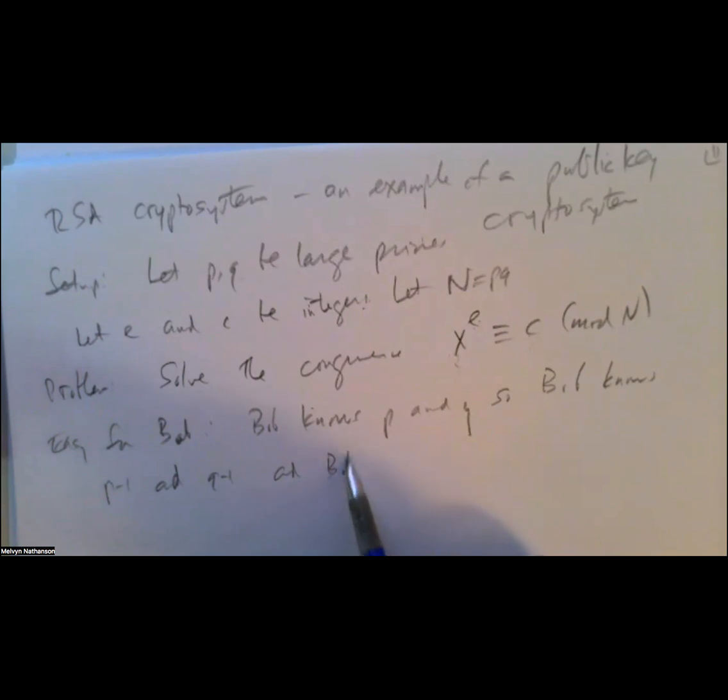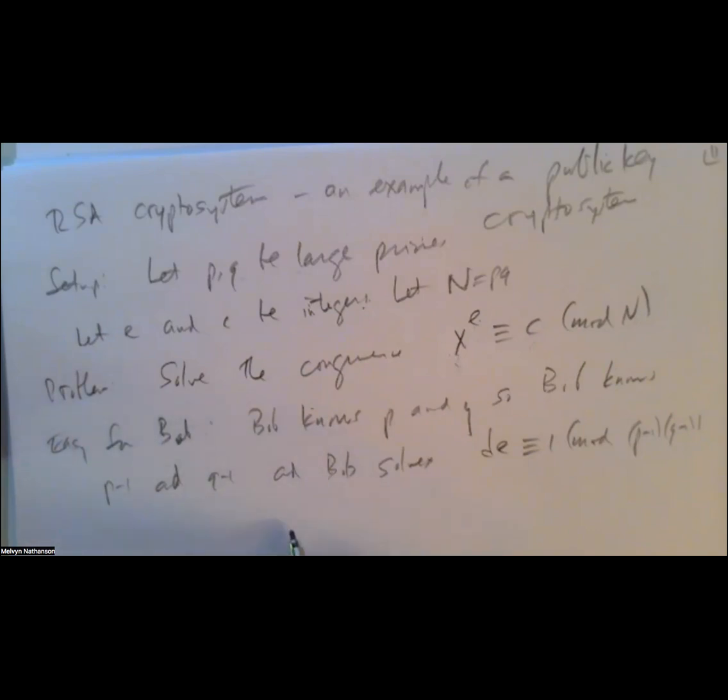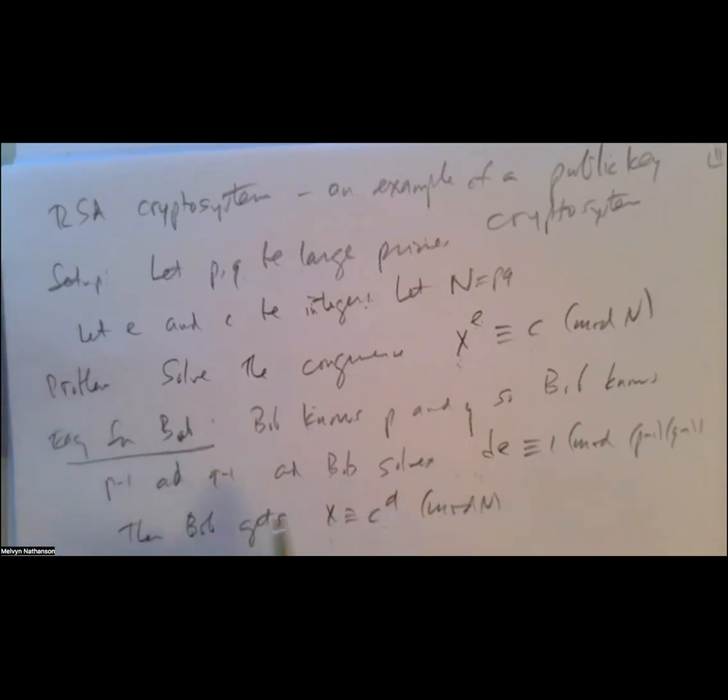And Bob, this is easy, solving a linear congruence, solves DE congruent to 1 mod P minus 1 and Q minus 1. And as soon as Bob solves this congruence for D, then Bob gets x as C to the D mod n. Just does this calculation, Bob finds x. So this is easy for Bob.